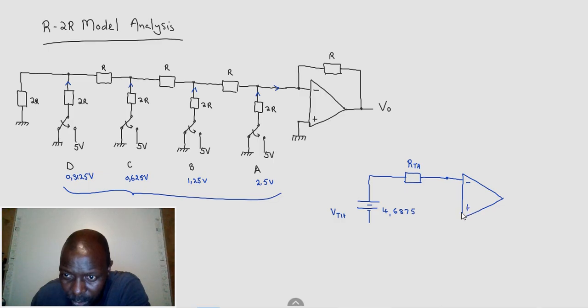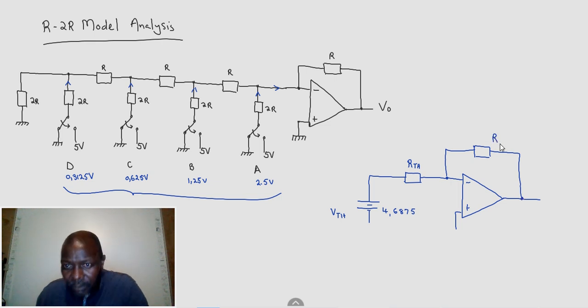Now we can connect it back, and you can see that we can amplify this, where our feedback resistor can give us whatever design value we aspire to. So this here will be grounded, and that there is grounded. So this is basically what we've been trying to work out.